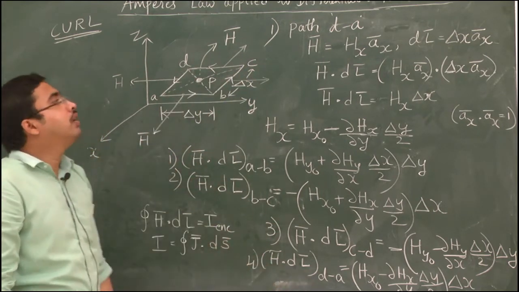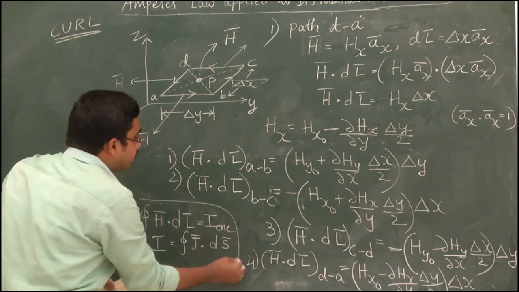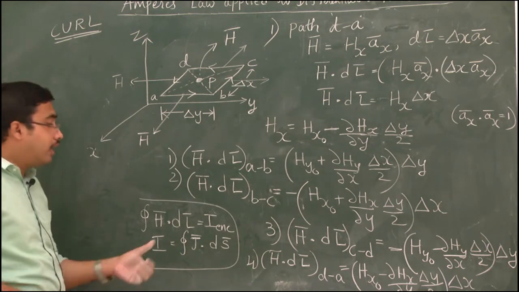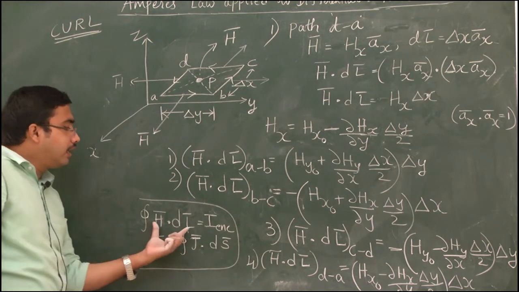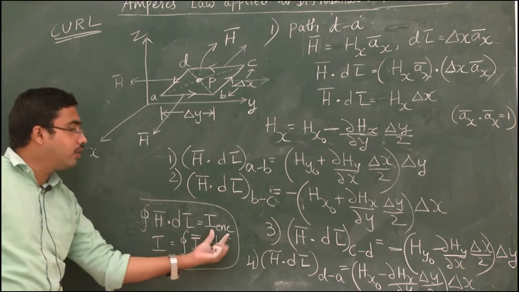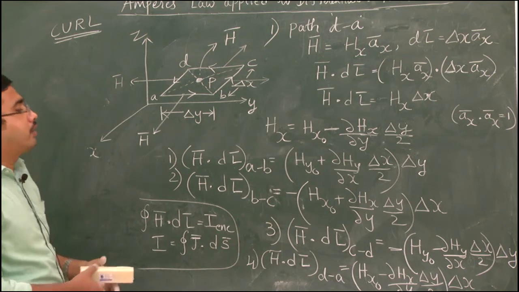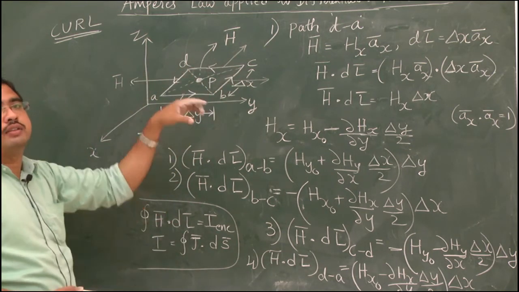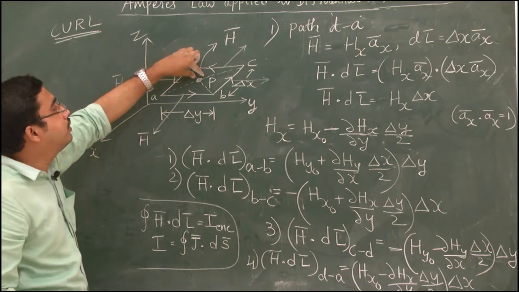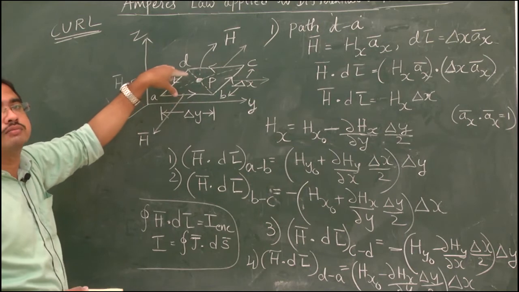Now what does Ampere's circuital law state? Ampere's circuital law states that the line integral of h bar around a closed path, that means complete integral of h bar dot dl bar, is equal to the enclosed current I. Now if I use this expression for the complete Amperian path, then I can find the h bar value at this point P due to this Amperian path.